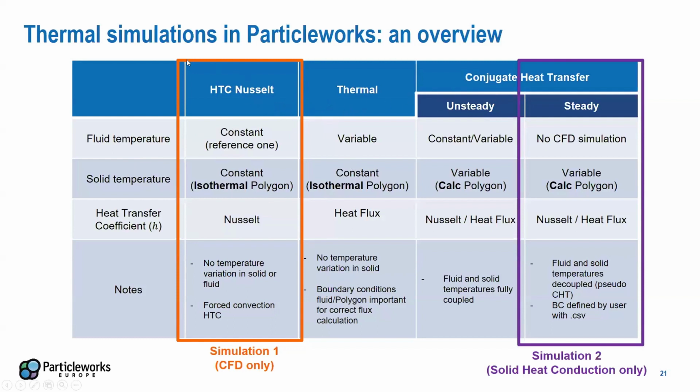But let's say most of the time what we do is to run first a CFD simulation inside Particleworks that is able to give us ideas of the HTC from, for instance, nacelle correlations due to oil or air. And then from that, we can map the HTC on the key elements of our model. Like in the e-motor case, we could map the transfer coefficient on the windings.